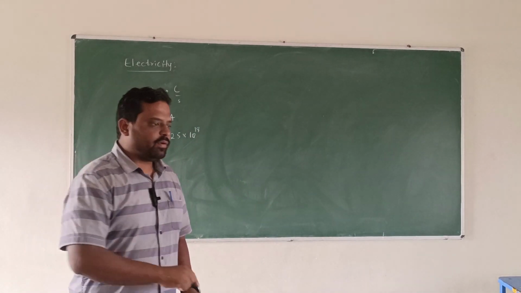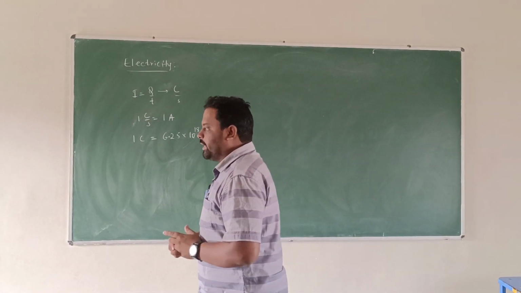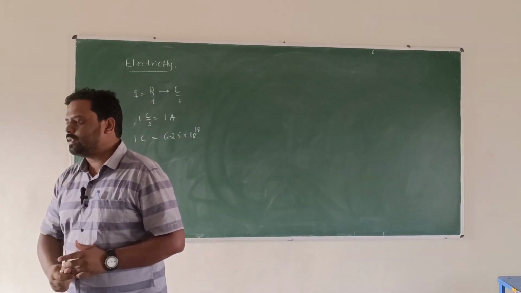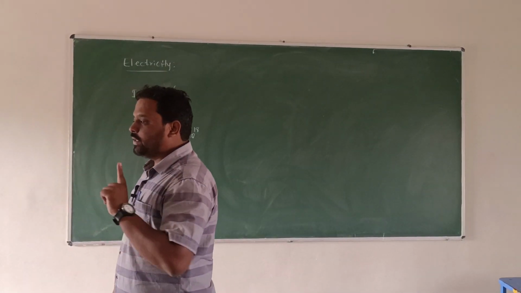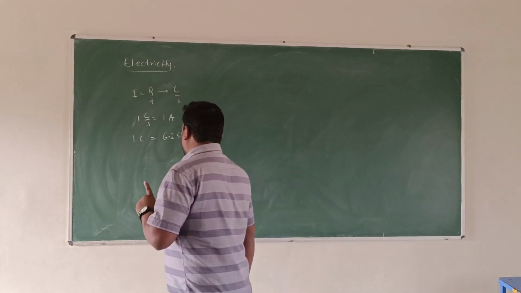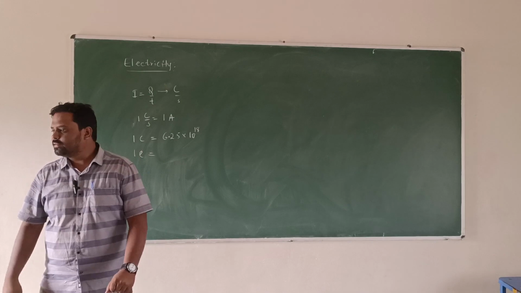Okay. So with the help of this, if 1 coulomb of charge consists of these many electrons, then what is the amount of charge consisted by 1 electron? That means 1 electron carries how much charge, right? We calculated that, right?